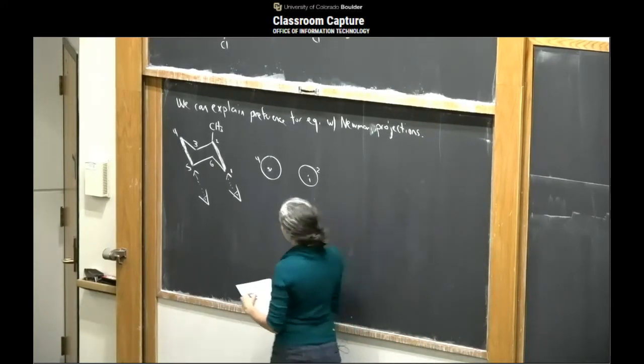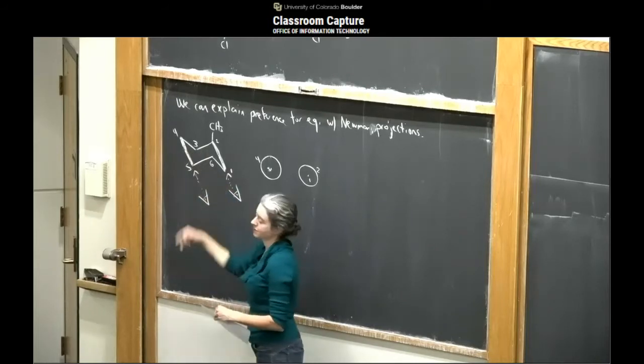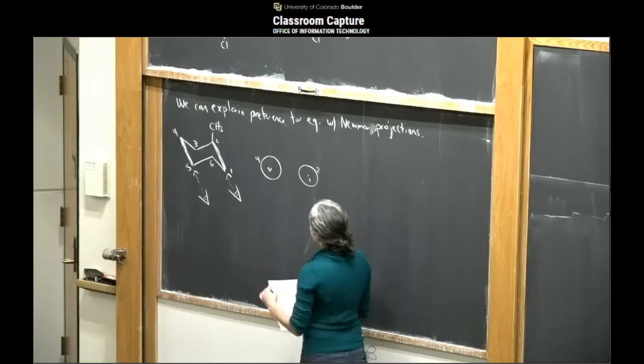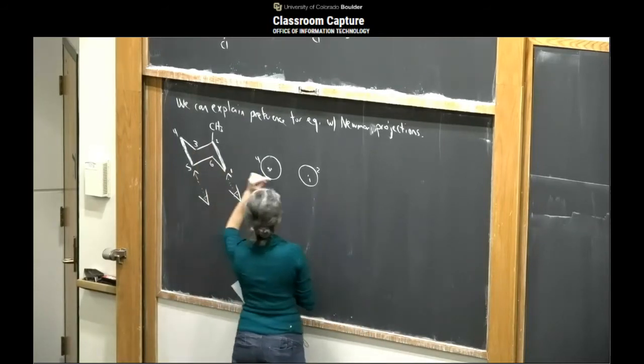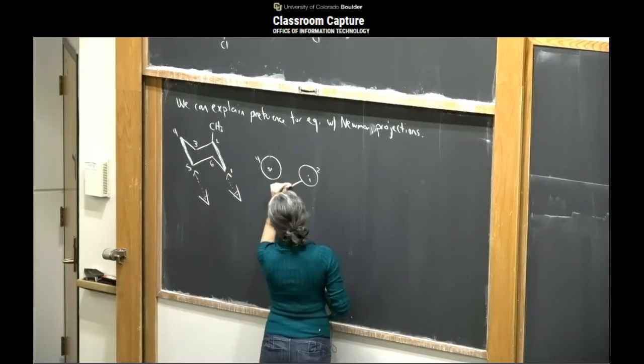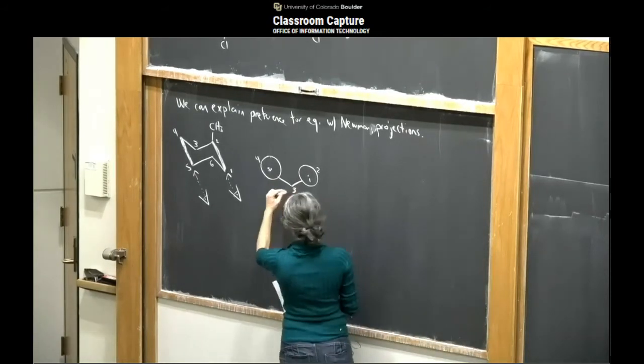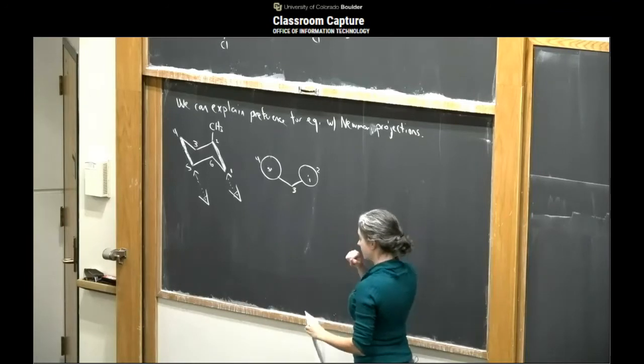So those are shown as bridging carbons between the two halves of the projection. So 3 we see dips downwards, and it connects carbons 2 and 4. So I'm going to show a connection between the two back carbons there, dipping downwards. That's 3.